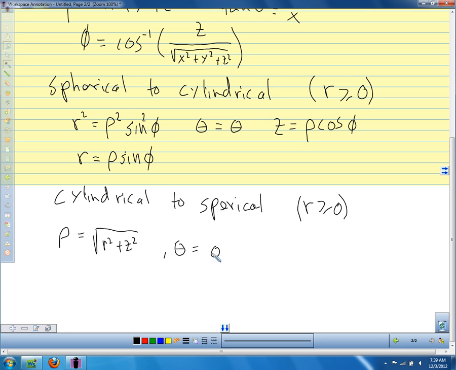Theta equals theta. And phi is the inverse cosine of z over the square root of r squared plus z squared.